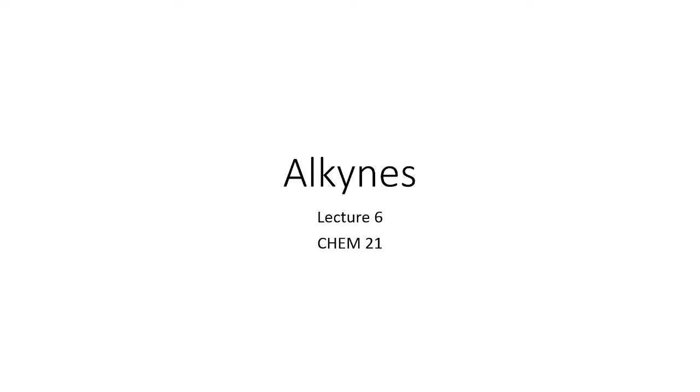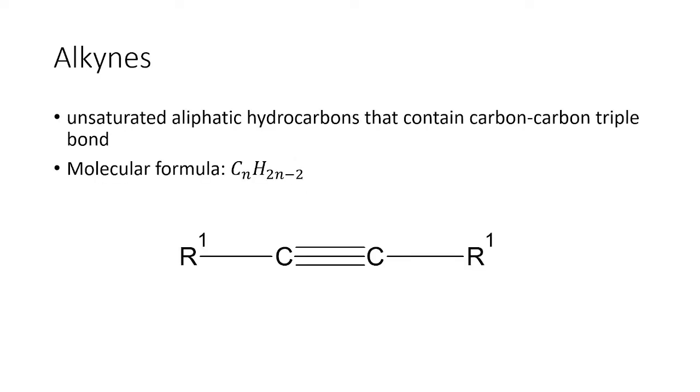Alkynes are unsaturated aliphatic hydrocarbons that contain a carbon-to-carbon triple bond, with a general molecular formula of CnH2n minus 2. That minus 2 corresponds to the missing hydrogens due to the additional pi bonds that make up our triple bond.